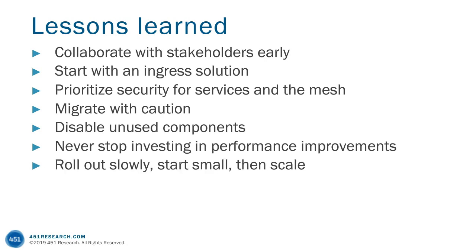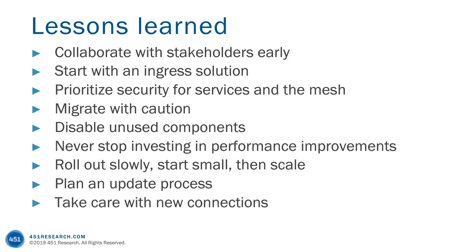Roll out slowly, start small, scale up, begin with a use case that's not in the critical path. One thing I think is that if you do service mesh just for one app and then don't roll it out, you might end up with a pet rather than cattle. So roll these updates out slowly and planfully, and be careful of new connections.